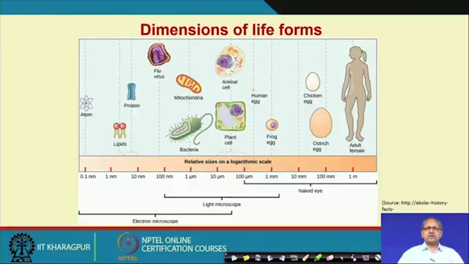These cells are organized into the whole animal, whose dimensions are around 1 meter, and molecules are in the range of say 0.1 nanometer to 4 nanometer.